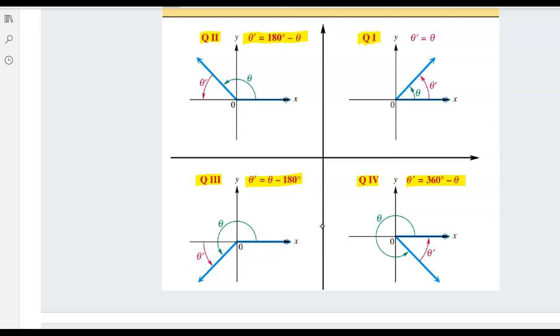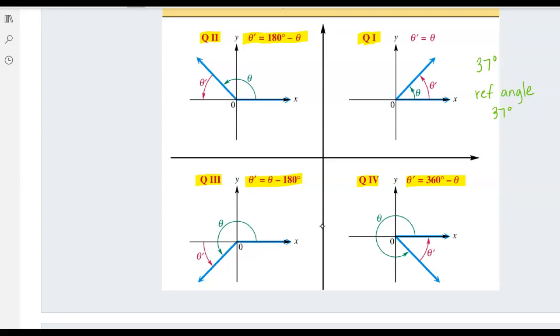Let's do an example. In the first quadrant, let's say that maybe the angle was 37 degrees. Well, then the reference angle is also going to be 37 degrees. In the first quadrant, it stays exactly the same.